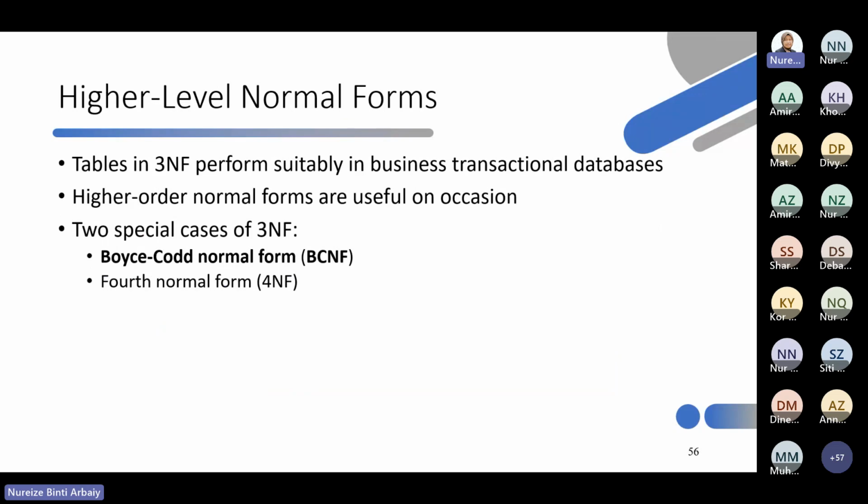Next, the third normal form performs suitably in business transactional databases. Higher order normal forms are useful on occasion. Two special cases of third normal form are BCNF and fourth normal form. Remember that fourth normal form has been around for a long time. Now they have a sixth normal form.